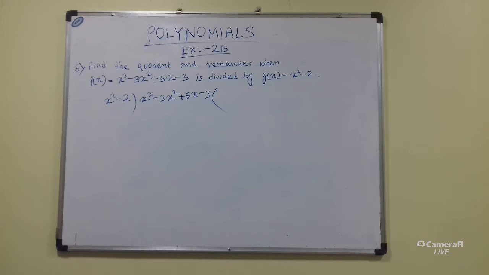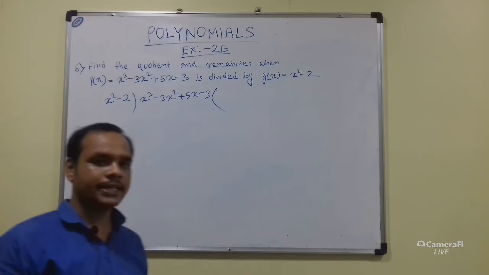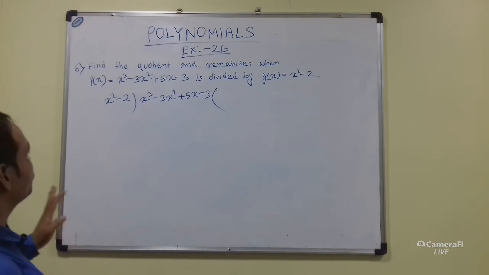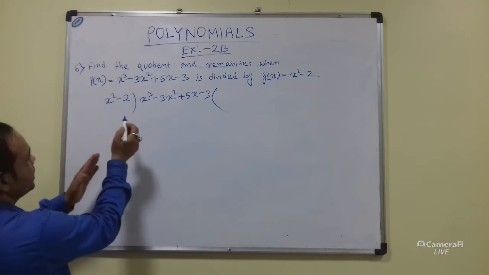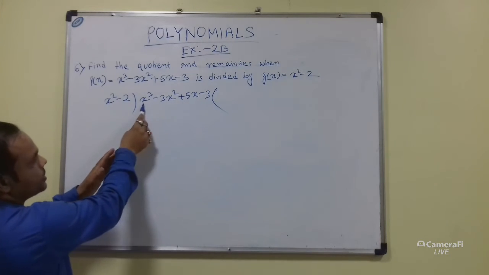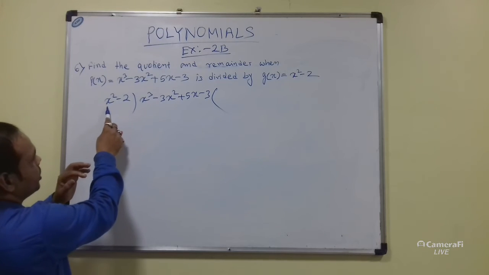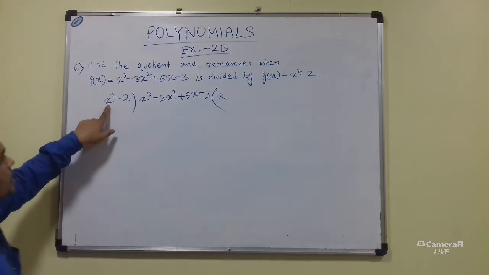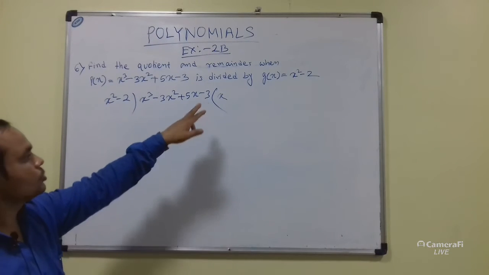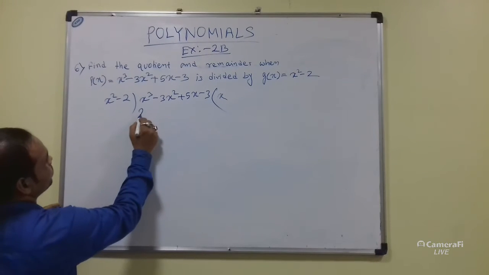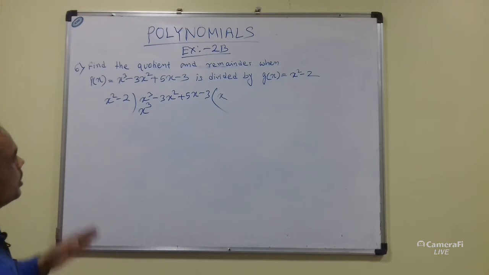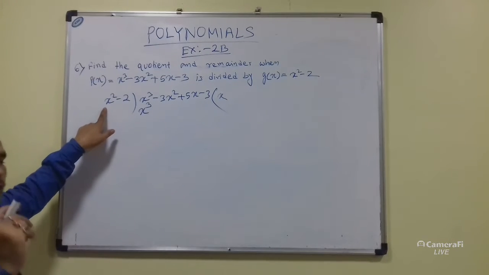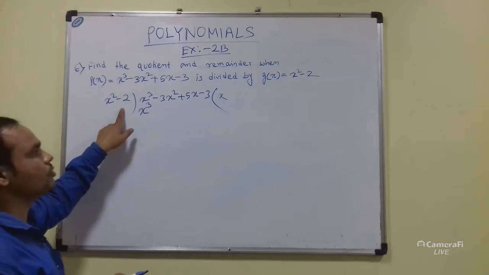Now at first, you have already done in class 8 and 9 how to divide the polynomials. So at first you have to see that its highest term is x cube. So if we multiply x with x square, x cube will become, so x into x square equals x cube, but when you multiply x with x square, you have to multiply x with minus 2 also.